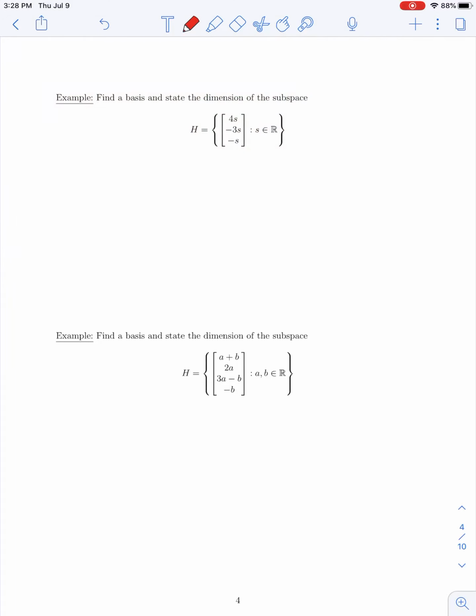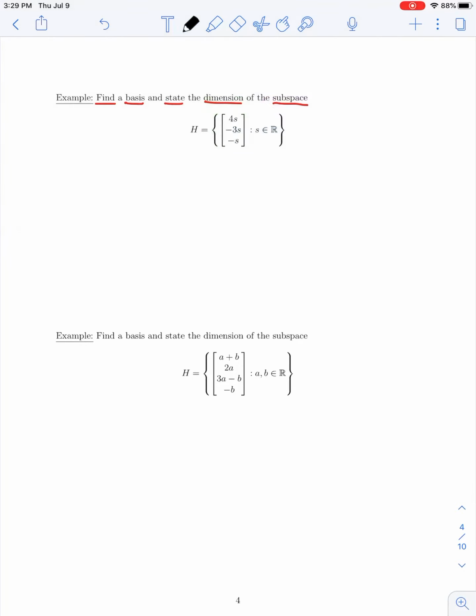So in our first example, we are asked to find a basis and then state the dimension of the subspace H of vectors in R3, which are of the form 4s, negative 3s, and negative s, where s can be any real number.